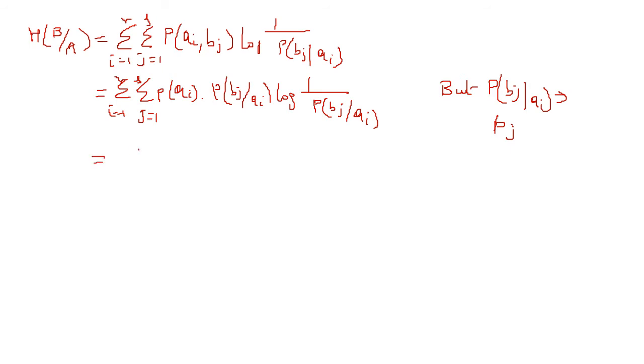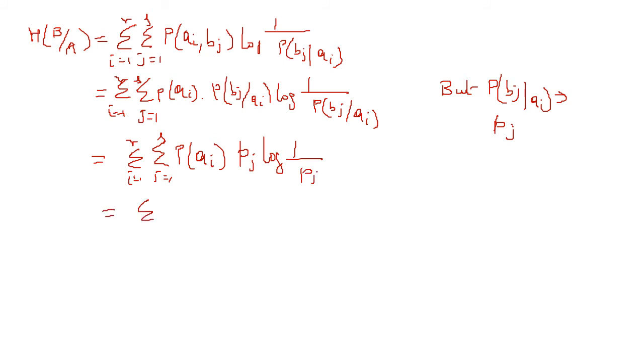We are going to get summation i varying from 1 to r, j varying from 1 to s, p(ai) into pj log 1 by pj, or we can write this as summation i varying from 1 to r, p(ai) summation j varying from 1 to s, pj into log of 1 by pj.